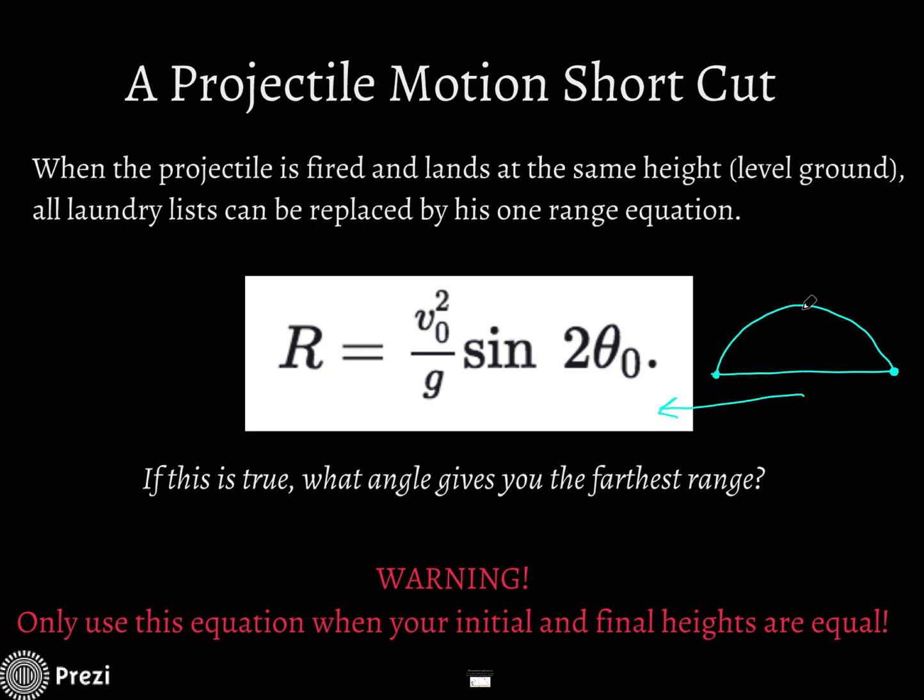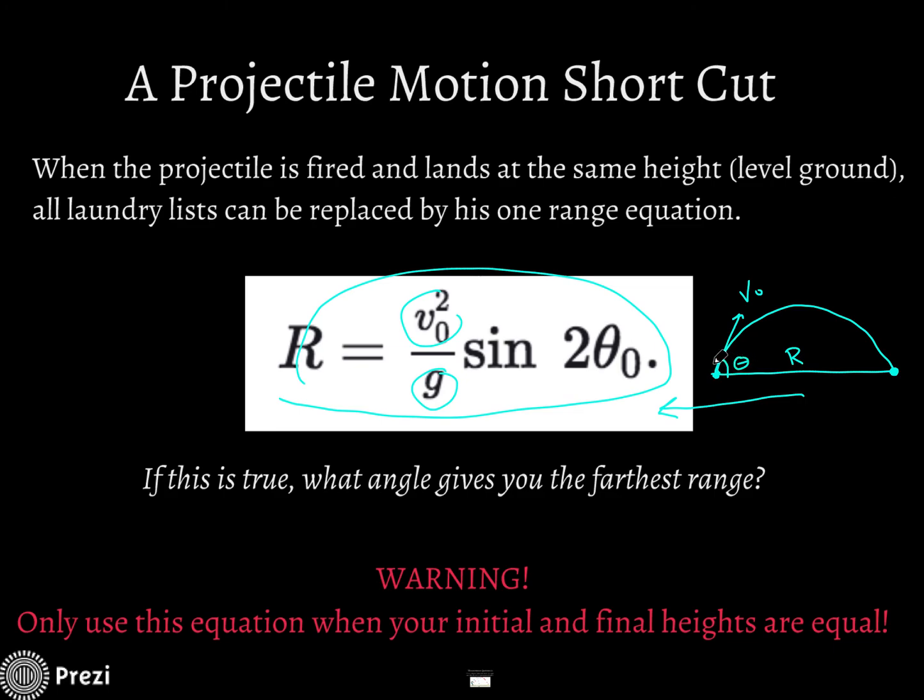In this case, you can say that the range is always going to be equal to the square of the initial velocity, divided by gravity, times sine of twice the launch angle.